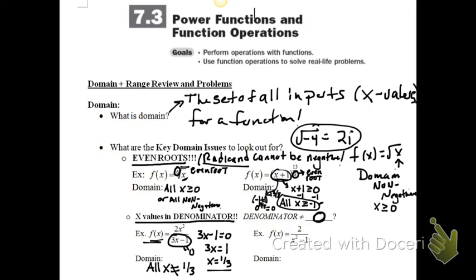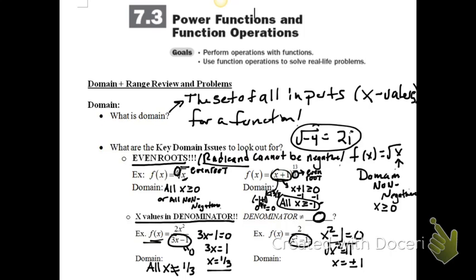In this example, I also have an x value in the denominator. Actually, I have this expression x squared minus 1. I would hate for that to be 0 because then it would be undefined. So if I had to solve this, I would add 1 to both sides, and I'd get x squared equals 1. And if you square root, remember, anytime you take an even root of an equation, you have to do plus or minus.